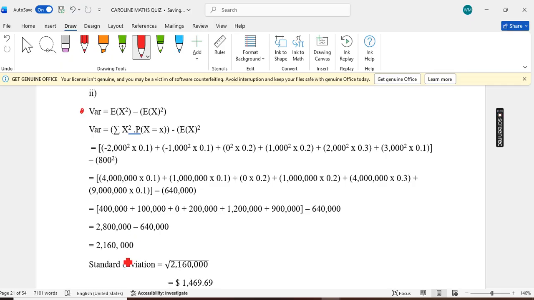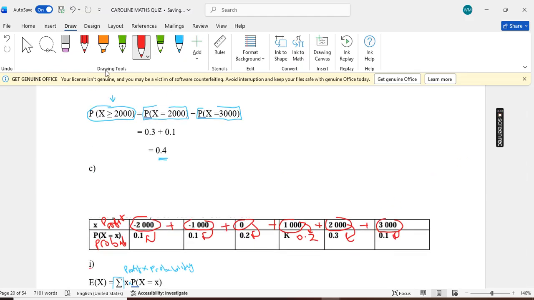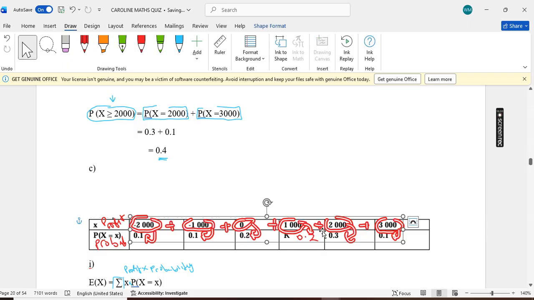After you get the variance, to get the standard deviation, it's just the square root of the variance. So we need to first find our variance. After we find our variance, we're going to get the standard deviation. So let me bring this table again and explain what the formula is saying.